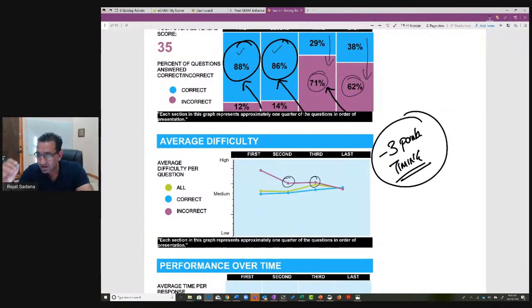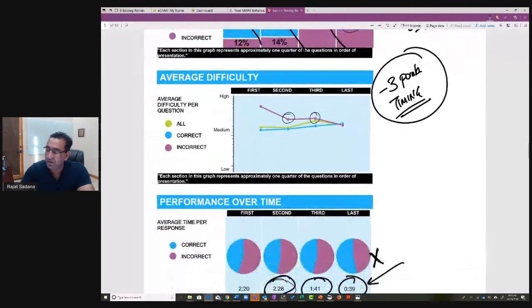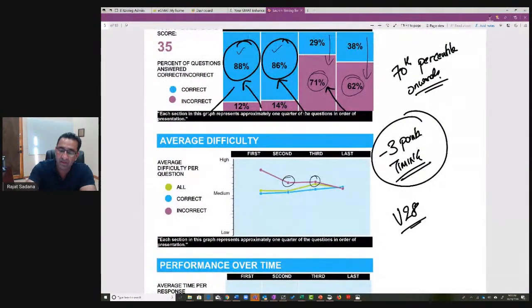But again, that's only going to start to happen in the 70th percentile onwards. If you are at a V28, despite spending enough time in block 1 and block 2, you never had ability to begin with. Even if I gave you 10 more minutes, you wouldn't have gone any further.